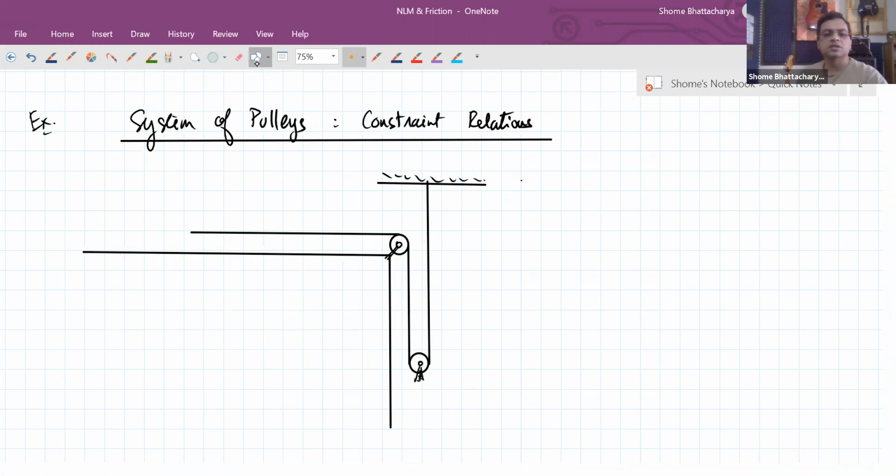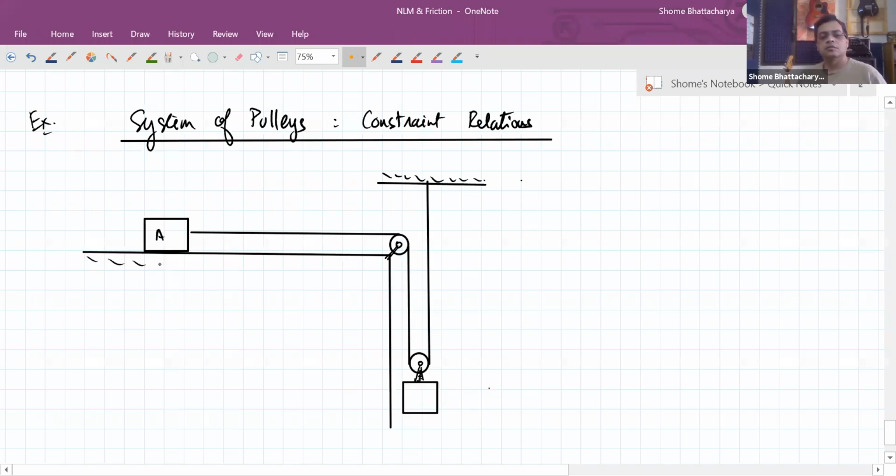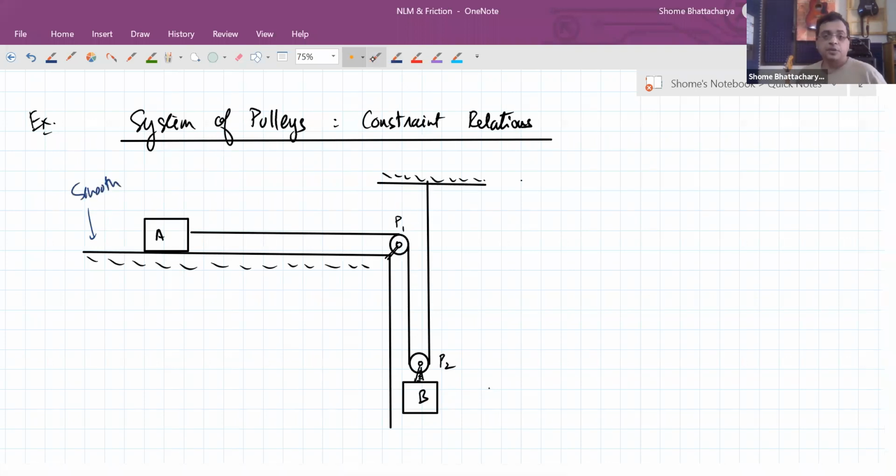So our system consists of something like this. We have two blocks and two pulleys. This is a smooth surface.